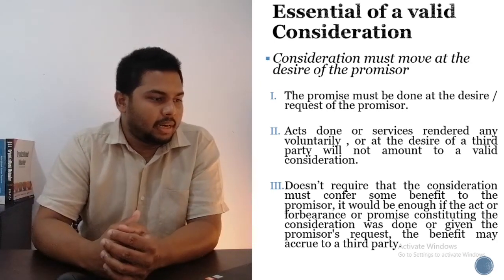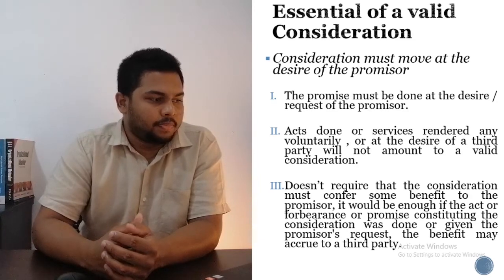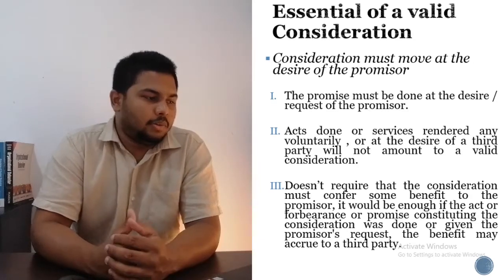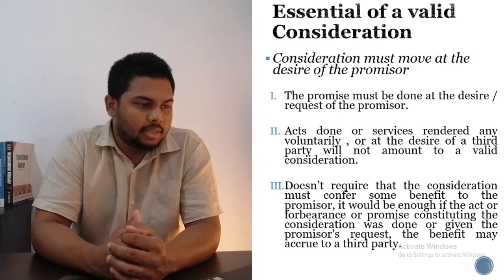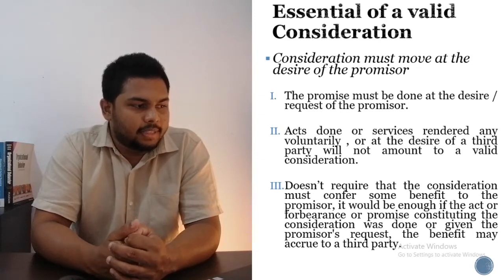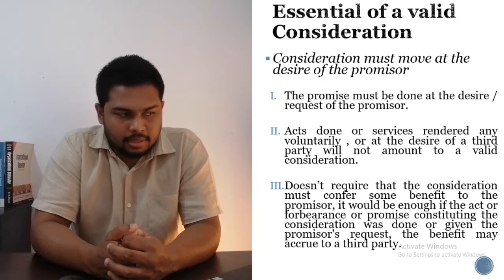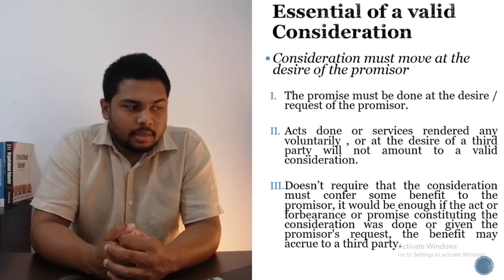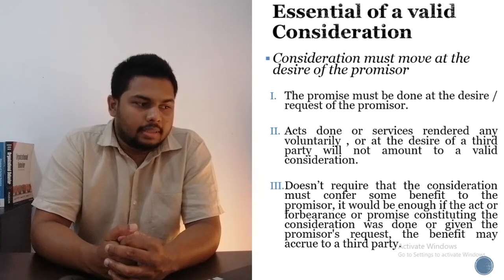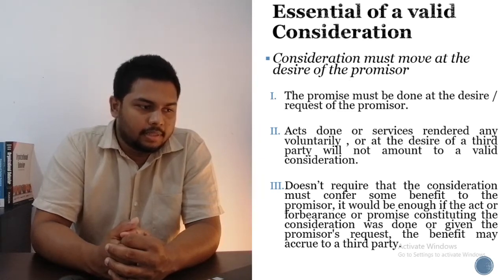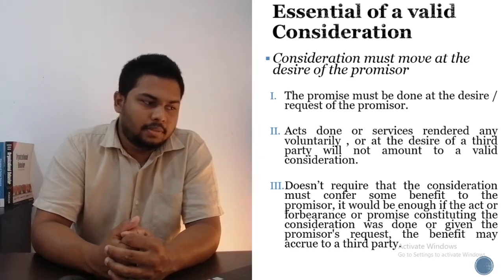See the points. The promise must be done at the desire or the request of the promisor. Acts done or services rendered voluntarily or at the desire of a third party will not amount to a valid consideration. And it doesn't require that the consideration must confer some benefit on the promisor.